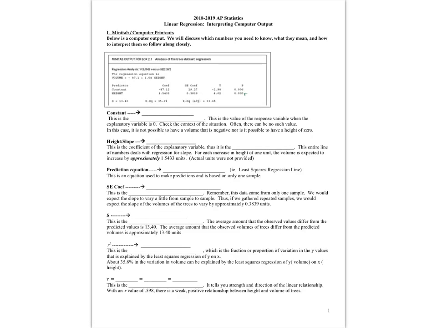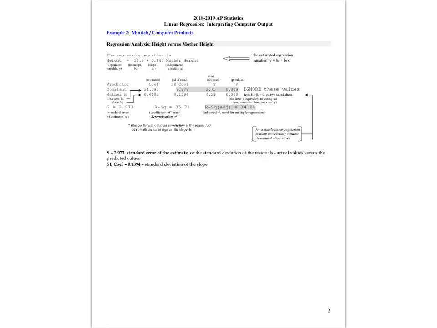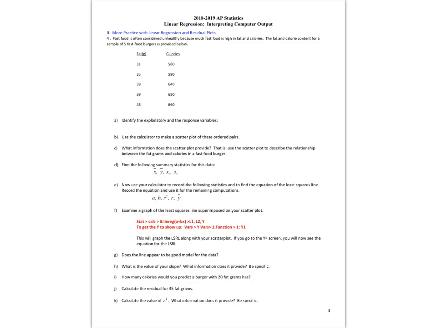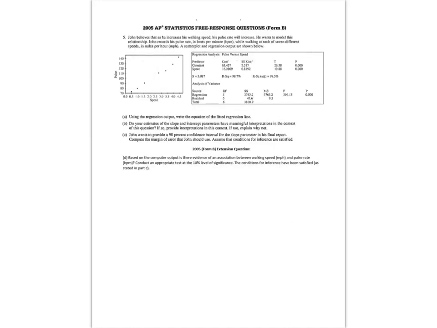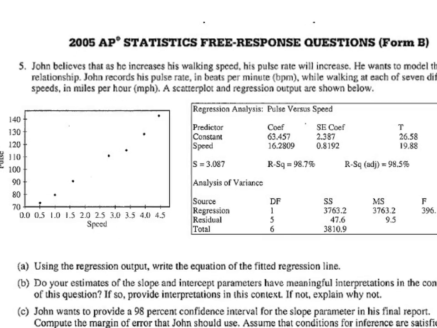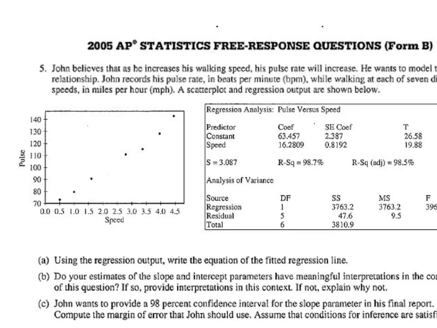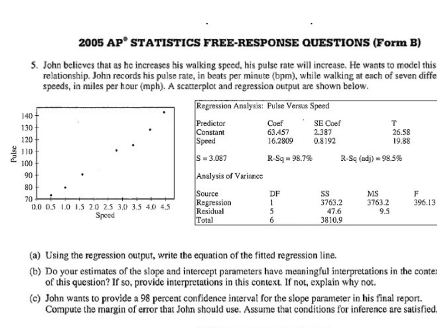All right, what I want to do is go and look at a problem here. Keep scrolling through your pages and find the problem that's marked. I think this one is it. 2005 AP Statistics Free Response, number 5.